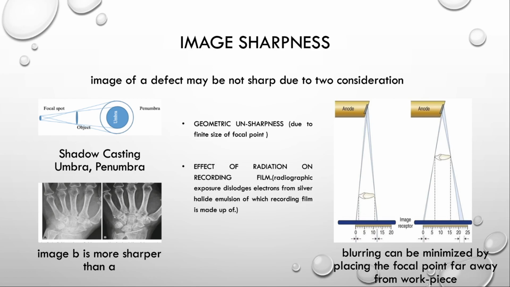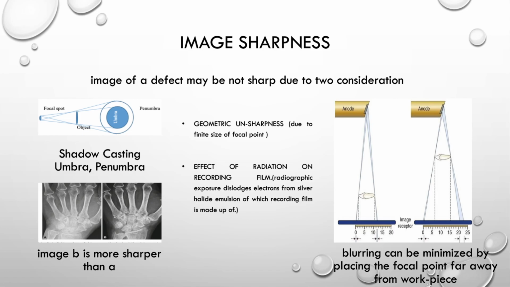Here I want to show you that the further the distance between the focal point and the component, the better your image will be, and less blurry. But if your component is very close to the focal point, the image you get will be very blurry. This phenomenon is called umbra and penumbra. You might have seen a solar eclipse, or if you haven't, try a lamp and keep an object in the path of the light rays.